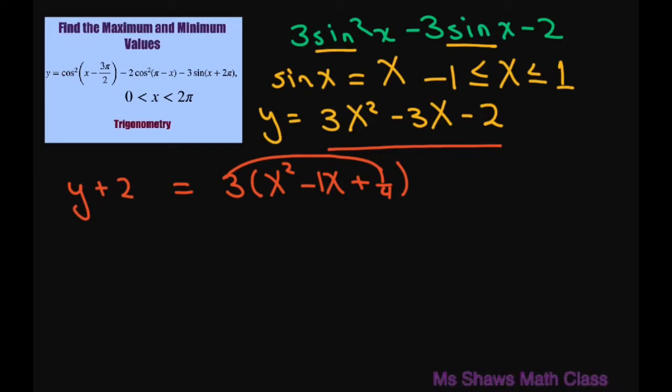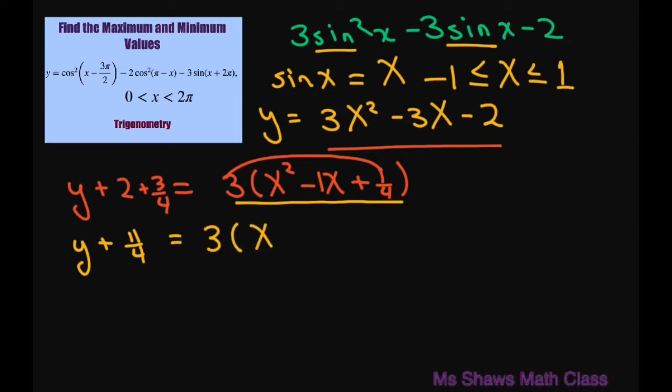Since we added 3/4 here, we have to add 3/4 here. So simplifying, this will be y plus 11/4 equals, and now we have a perfect square trinomial, so I can write this as 3 times big X minus 1/2 squared. And I'm going to go ahead and move this back over, minus 11 divided by 4.